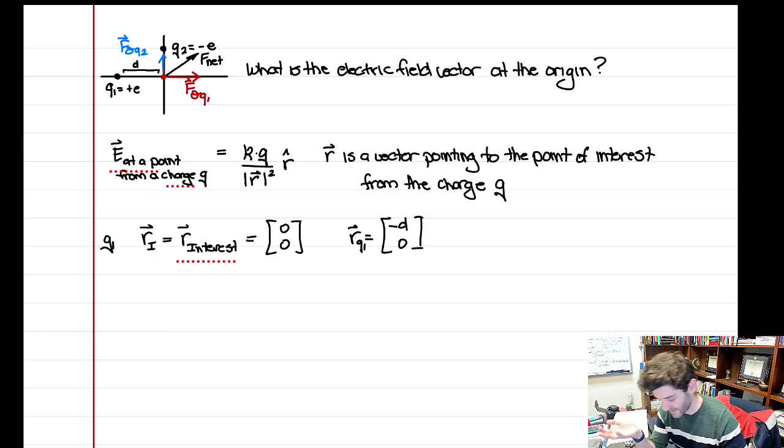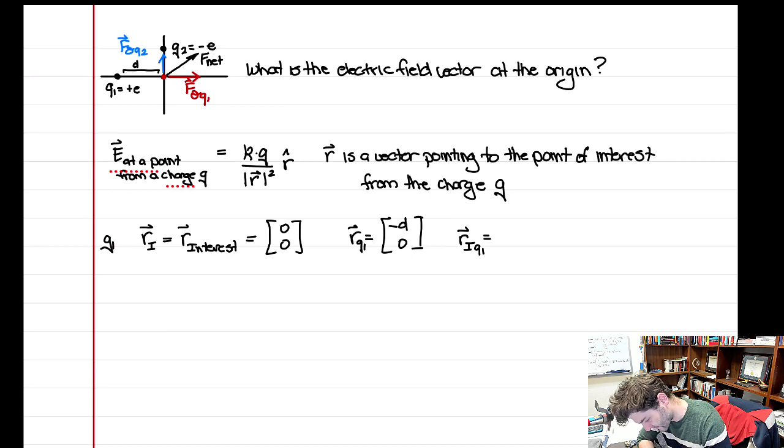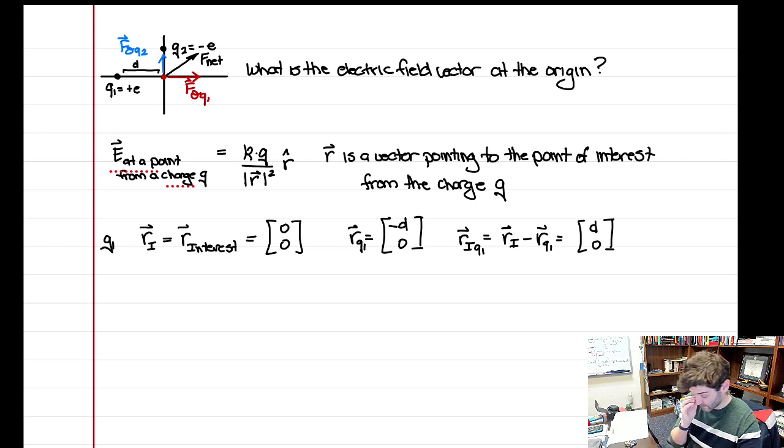It's on the horizontal axis. It has no vertical position. And so then the position vector that points to the location of interest from Q sub 1 is, by definition, r sub I minus r sub Q1, or that's just d, 0. Points to the right and doesn't point vertically at all.